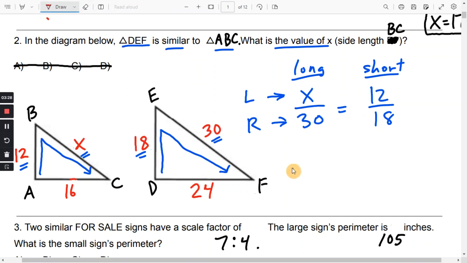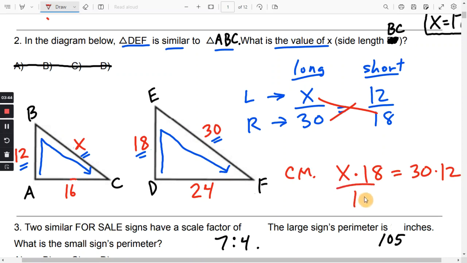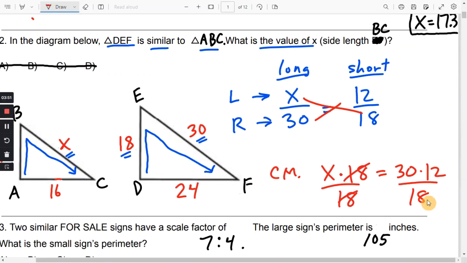All right, so now you want to cross multiply. Top times bottom is X times 18. Bottom times top is 30 times 12. The opposite of times 18 is divided by 18. Cancels here, and you can do this on the calculator or manually. Divided by 6, that's 5.